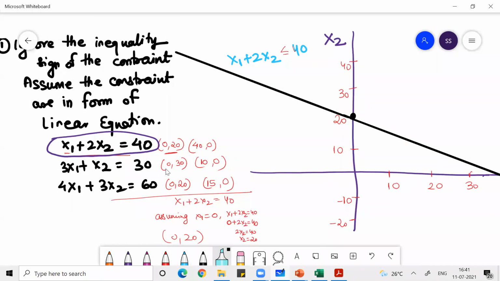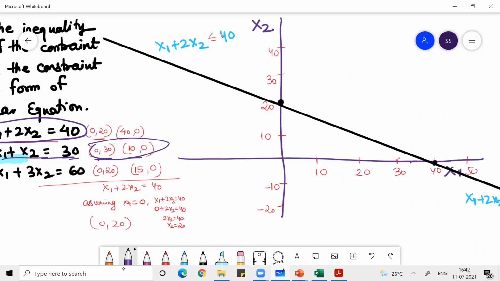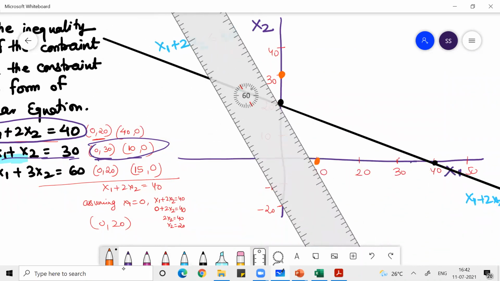Your second equation is 3x1 plus x2 equal to 30, which means the points (0, 30) and (10, 0). I hope you are all understanding how to plot this. So (0, 30) and (10, 0).